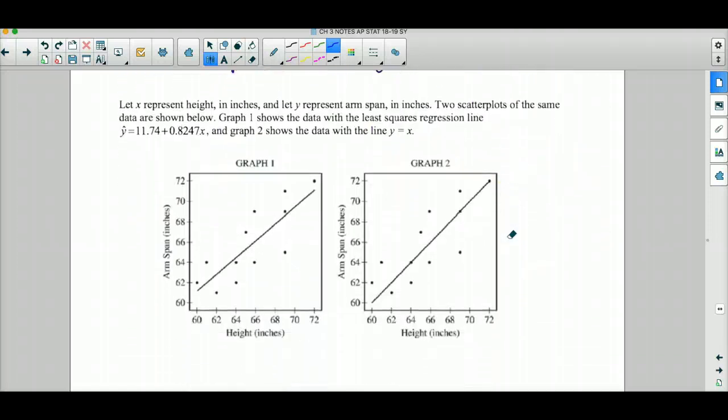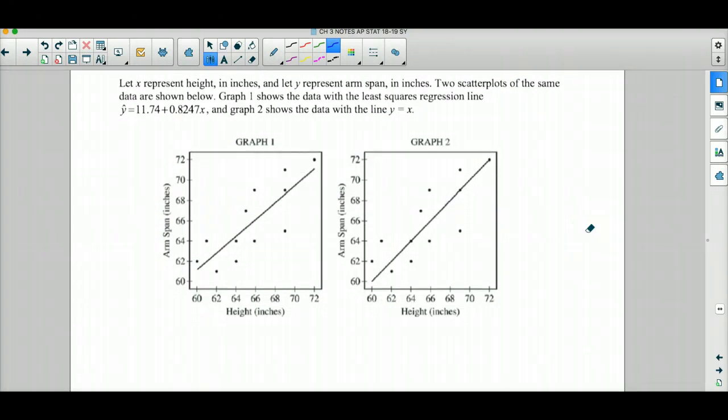All right, so let X represent the height in inches and Y represent the arm span in inches. Two scatter plots of the same data are shown below. Graph 1 shows the data with the least squares regression line and graph 2 shows the data with the line y equals x. Okay, so this is the exact same data.